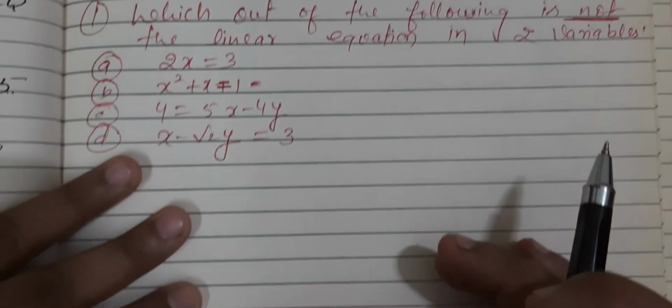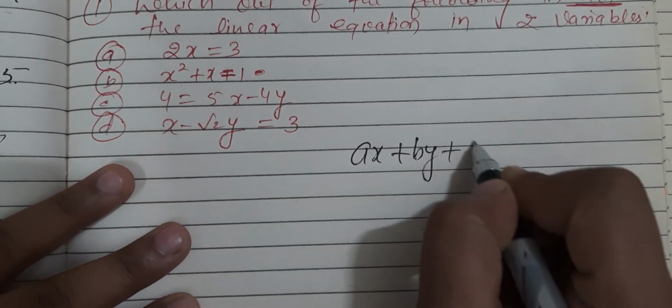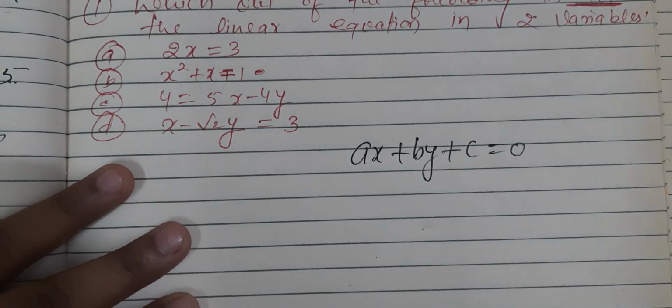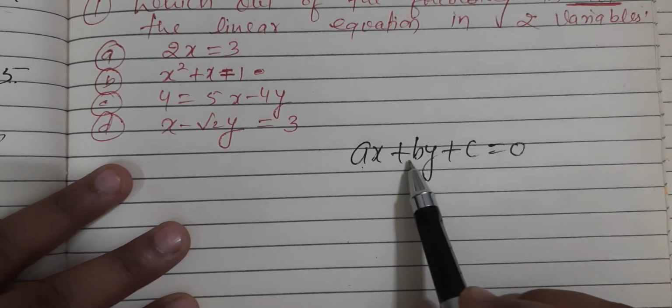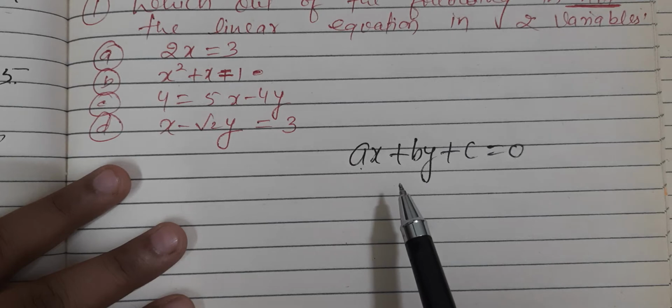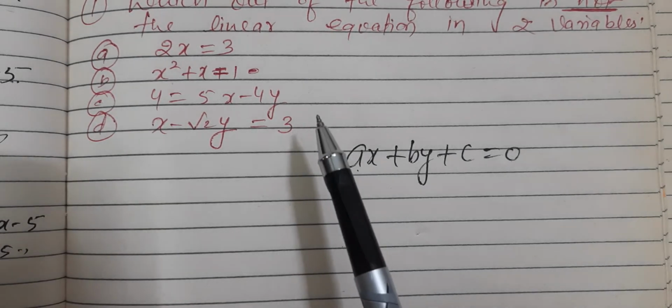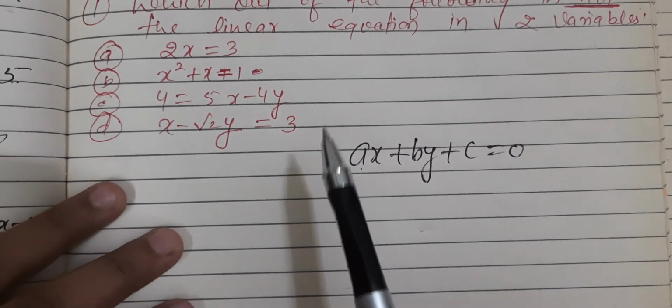The standard form of a linear equation is ax + by + c = 0, where a and b are not 0. It can be 0 also, because we have seen how to write a 1 variable equation as a 2 variable equation.